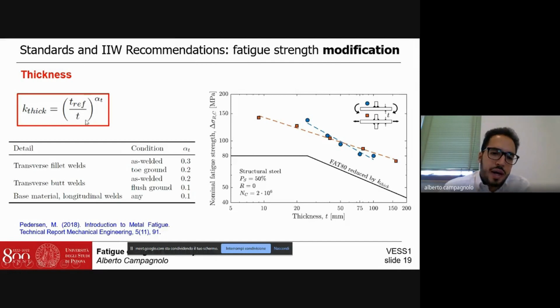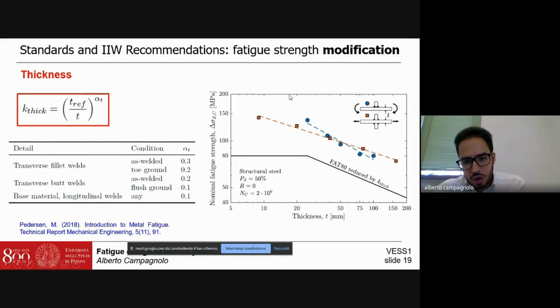Therefore, when increasing the thickness of the tested component, we have both a different stress gradient, which is different for large-scale components, and also large-scale components typically include more defects, and are also prone to fatigue failure at reduced life as compared to small-scale specimens.